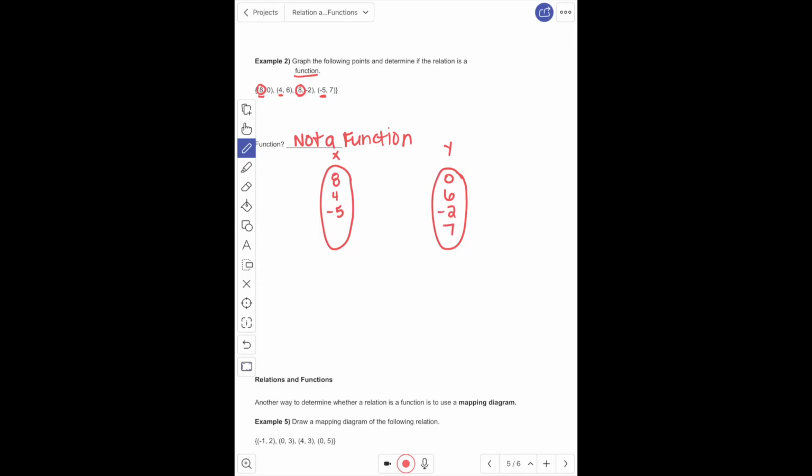So when I draw this, I'm going to make sure I draw them from left to right. So 8 will map to 0. 4 will map to 6. 8 will also map to -2. And -5 will map to 7. So one of the things that I always look for is I always look for a value that has 2 arrows going to the right. If those 2 arrows are going to the right, then it's not a function.